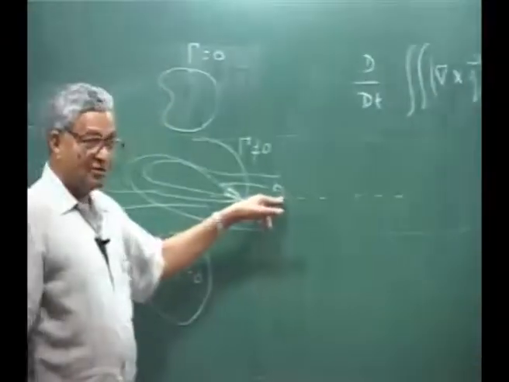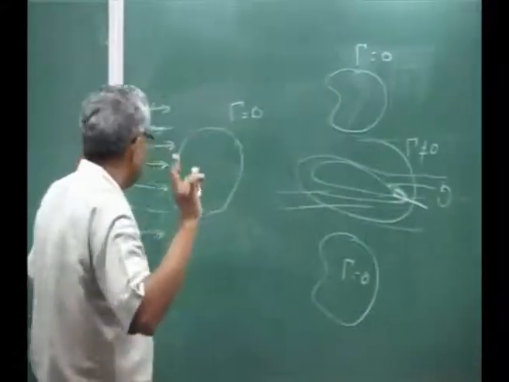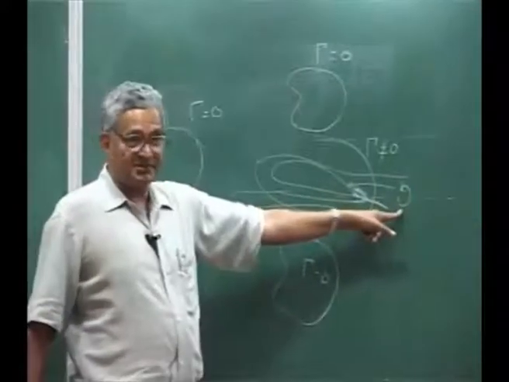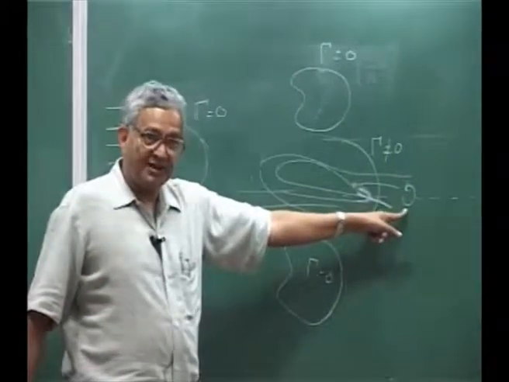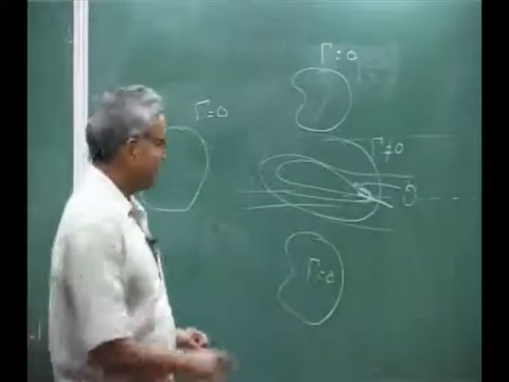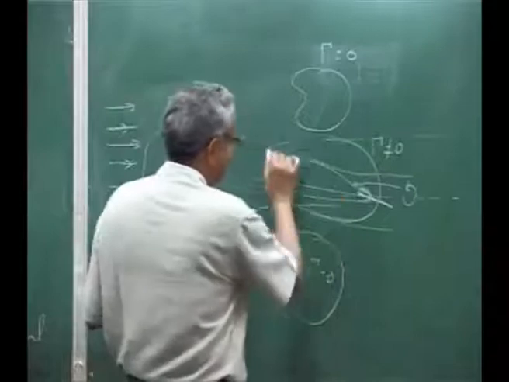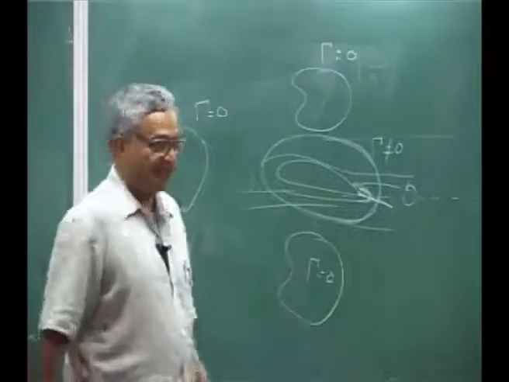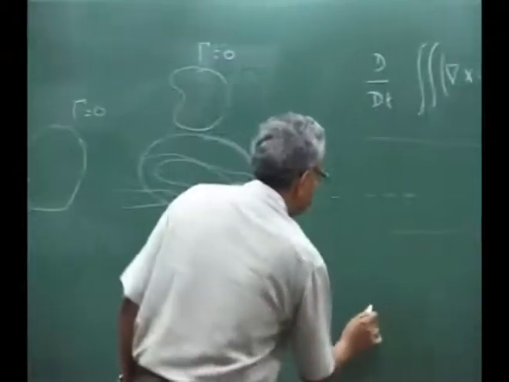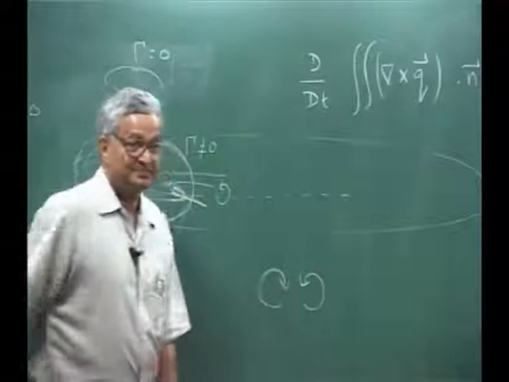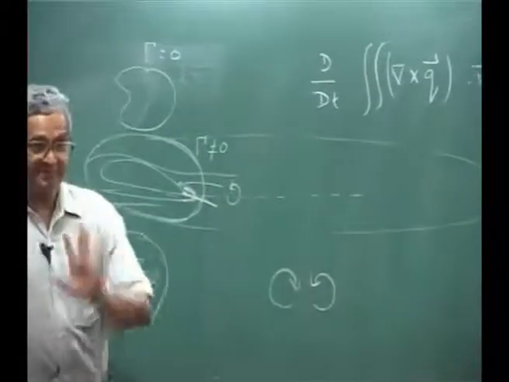Now if you include this, because the circulation initially is 0 everywhere, that means if I shed one circulation, I must have an equal opposite circulation to make it 0. That opposite circulation is this. If you take around the aerofoil, if I have one vortex like this, another vortex must be there, so that the total sum is 0.